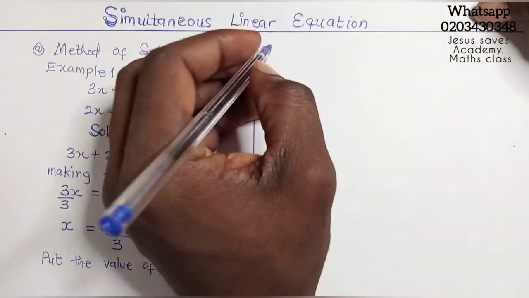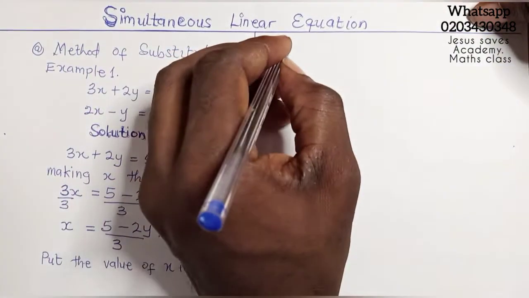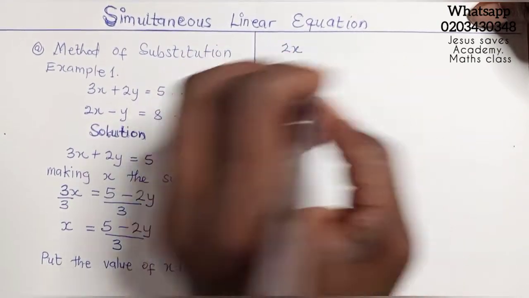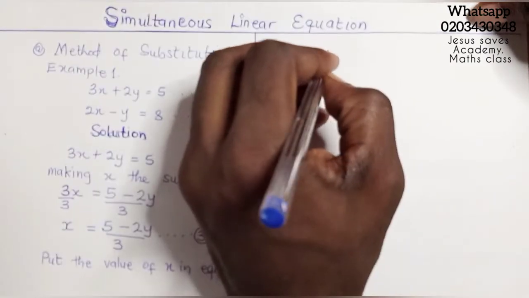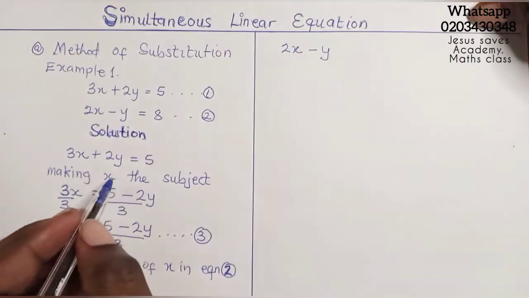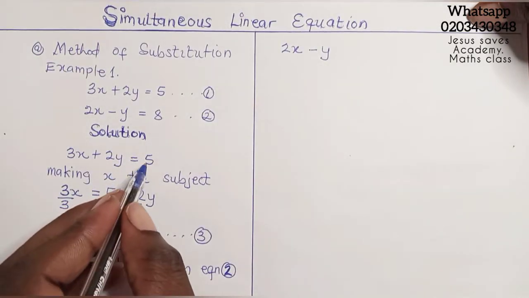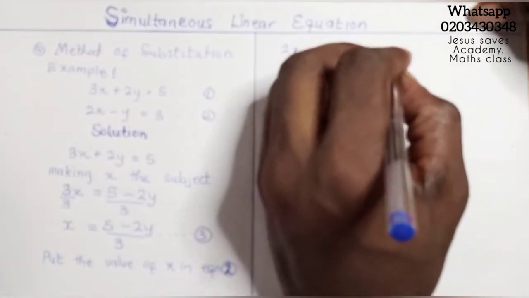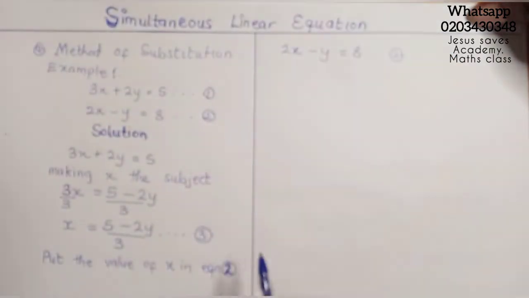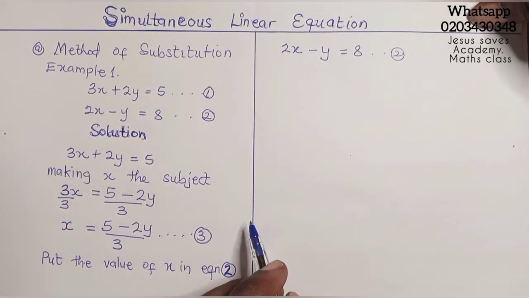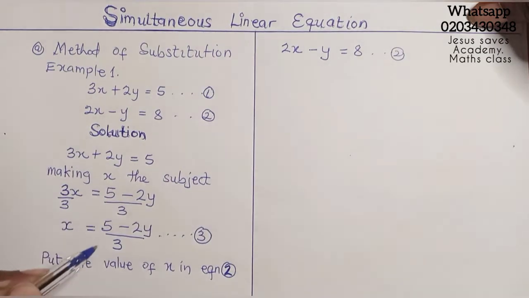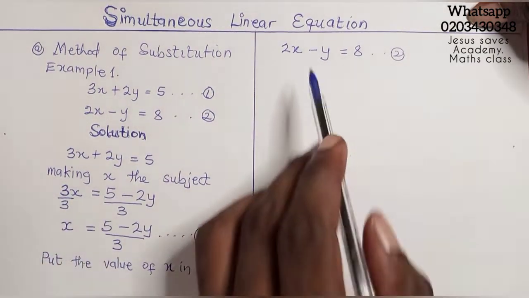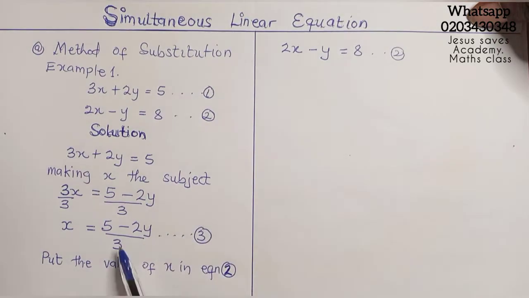I'm rewriting equation 2 here, which is 2x. Now, wherever we see x in this equation, we'll put this value here.